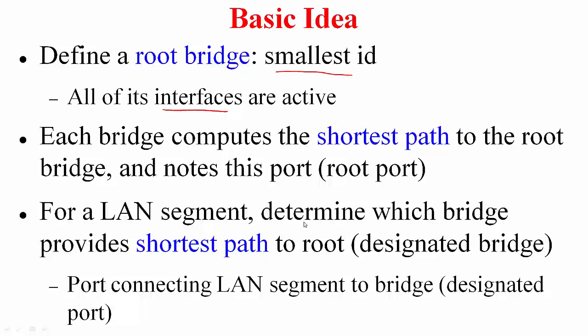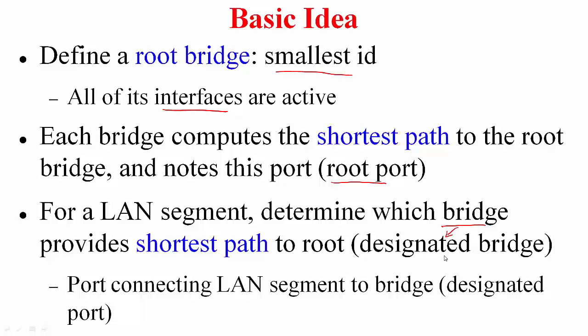Now for every other bridge other than the root bridge, we compute what is the shortest path to the root bridge, and we note this port that is leading to the shortest path to the root bridge, and this port is called the root port. For a LAN segment also, we determine which bridge provides the shortest path to the root, and this bridge is called the designated bridge for that particular LAN segment.